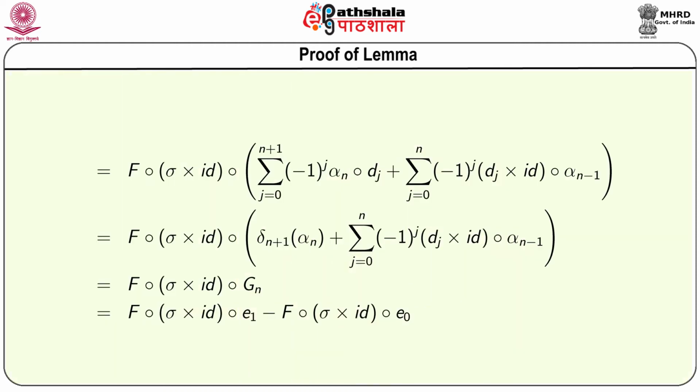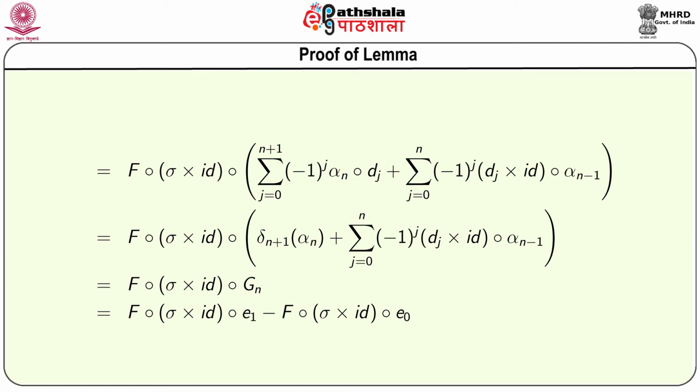and that is equal to F composed sigma times identity composed summation of minus 1 to the power of j alpha n composed dj plus summation of minus 1 to the power of j dj times identity composed alpha n minus 1.